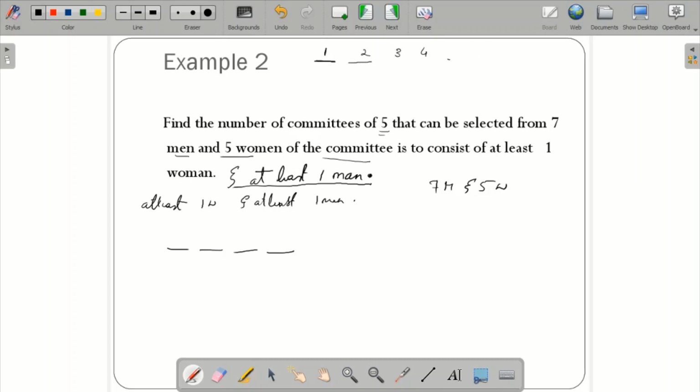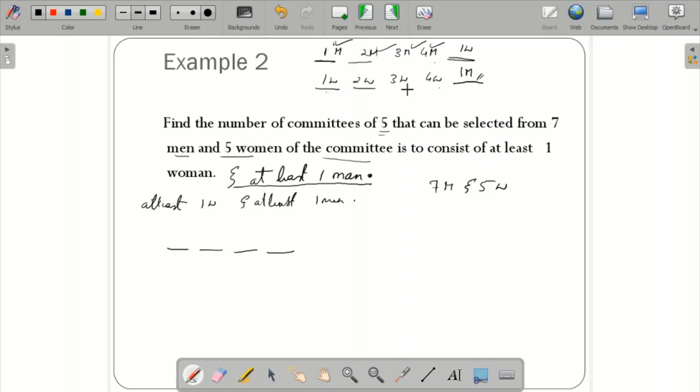So if I take 1 woman, I can have 1 man, 2 men, 3 men and 4 men, because 1 place is occupied by a woman. Similarly for women I can choose 1, 2, 3, or 4 women, and 1 place should be given to a man. At least you can have 1 man, max you can have 4 men. At least you can have 1 woman, max you can have 4 women.